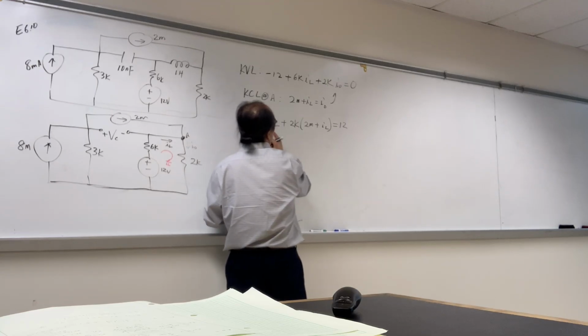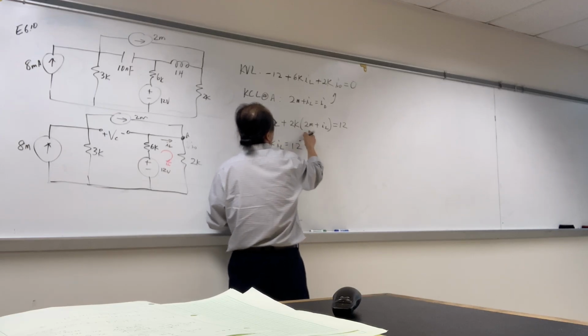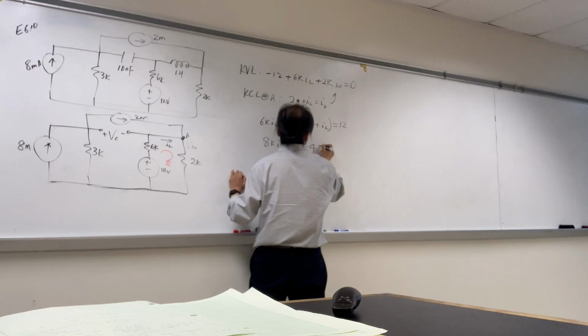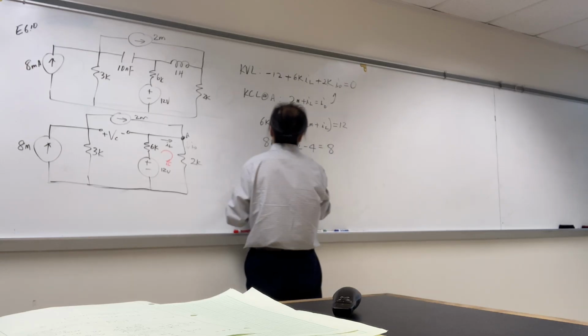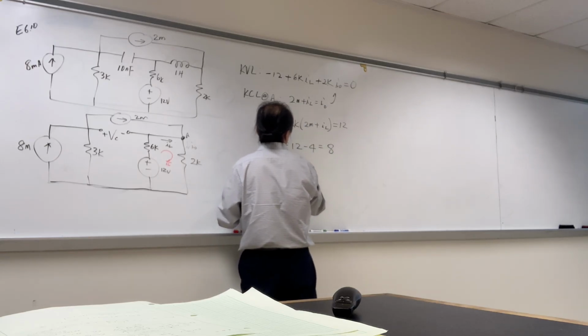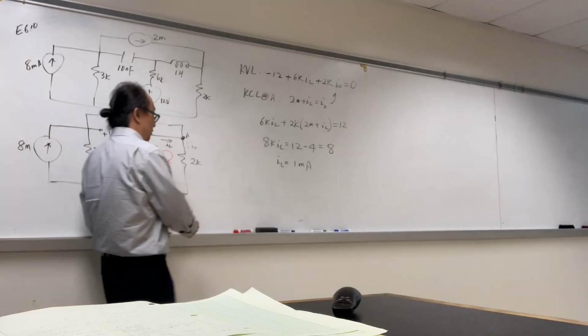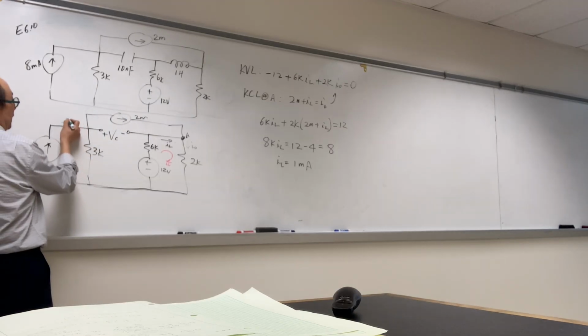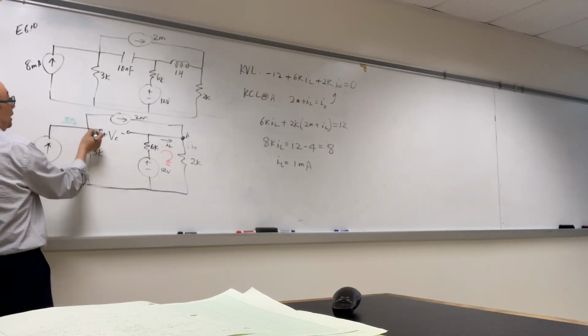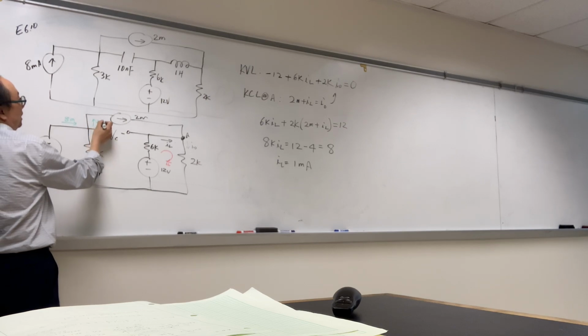And 6K and 2K, 8K IL, equals 12. We multiply, minus 4 equals 8. IL equals 1 milliamp. So we can find the energy in the inductors.